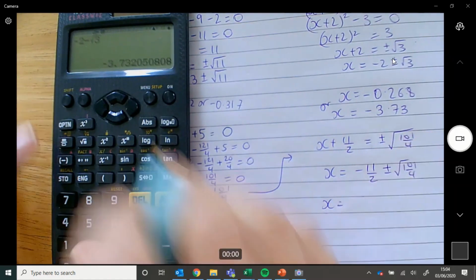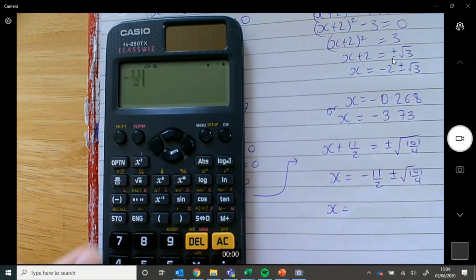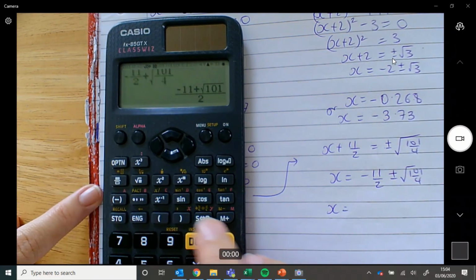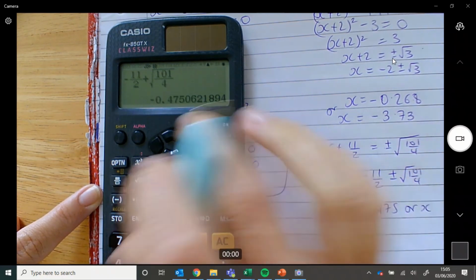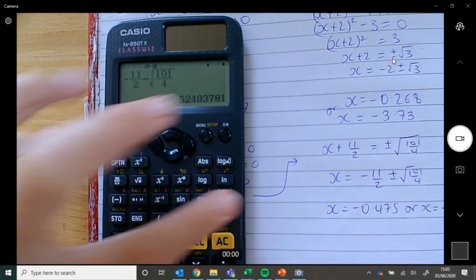So x is either negative 11 over 2 plus the square root of 101 over 4, which is minus 0.475, or x is the other version, the negative one, which is minus 10.5. They're my two answers.